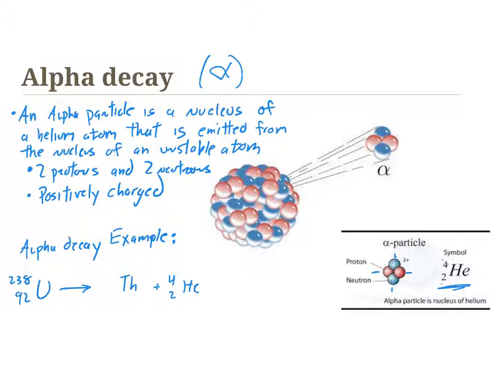Now, the element thorium is going to have a mass number of 234 and an atomic number of 90. So the end product of alpha decay is a new element and a helium nucleus. That's important to know.